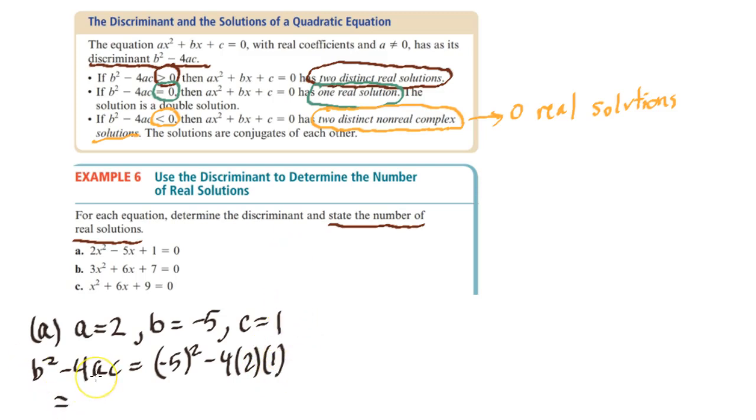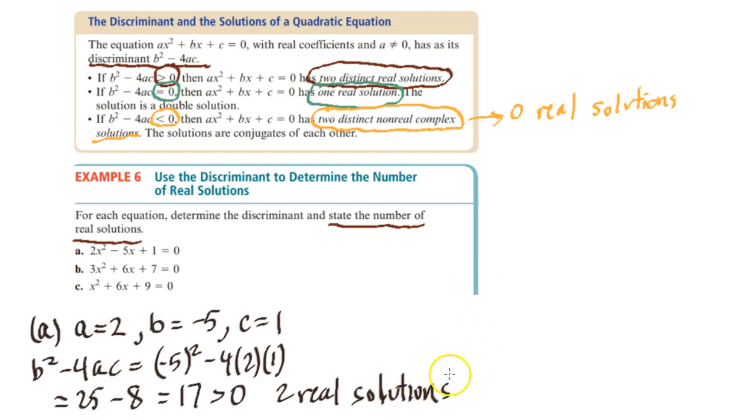We simplify this to 25, which is negative 5 squared, and then 4 times 2 times 1 is 8, so it's minus 8, and that gives us 17. And since 17 is a positive number that's greater than 0, we're in the first option, then we have two real solutions, two real distinct solutions.